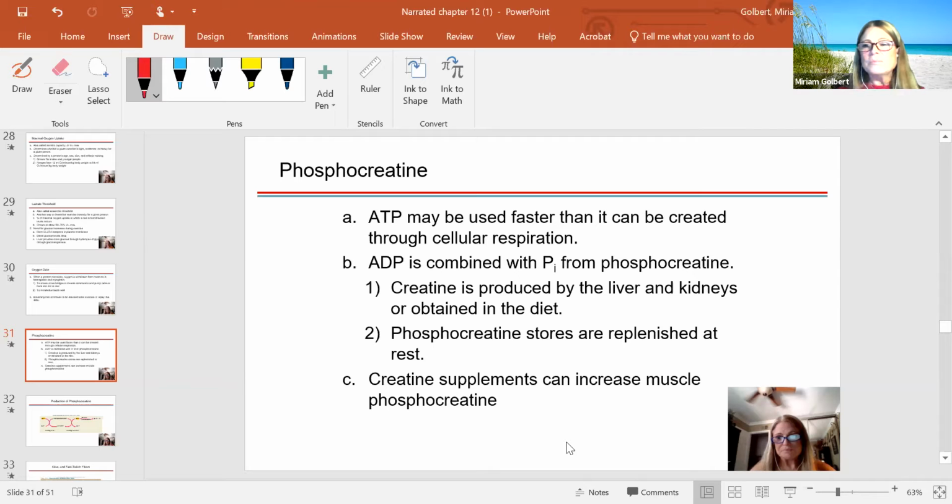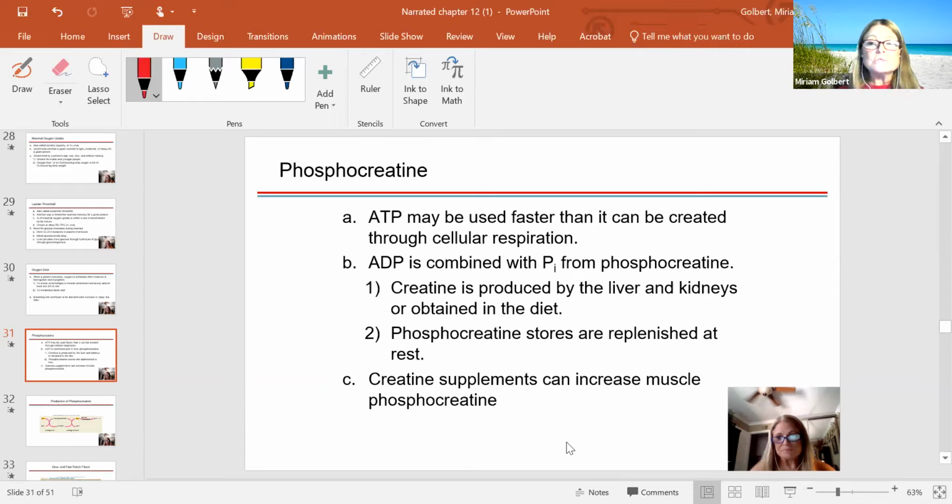I mean, anything you put in your mouth has to go to your stomach, your intestines. You need to absorb it in your blood. From blood it needs to travel to muscles. I have no idea what gets into your muscles after all that. But they said that it could increase your phosphocreatine storage.